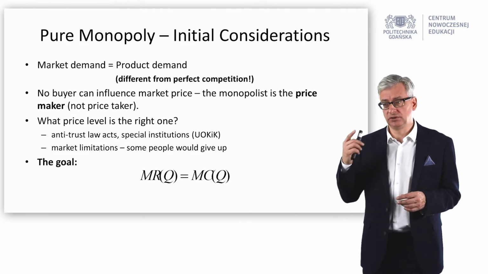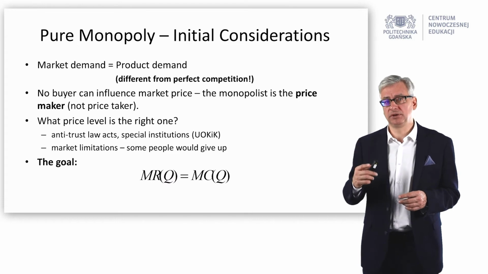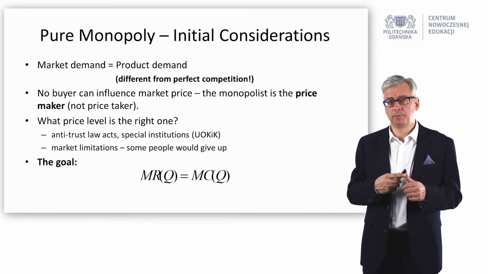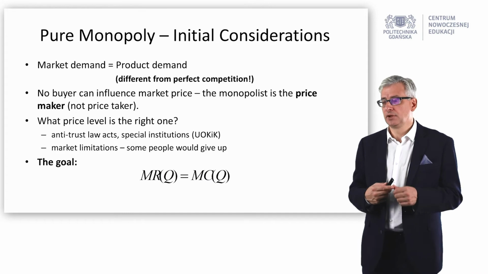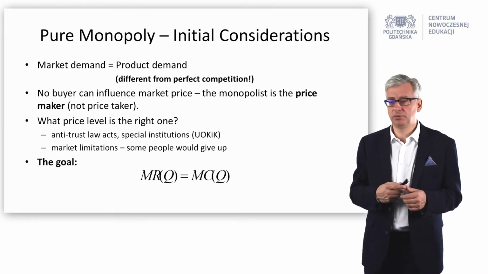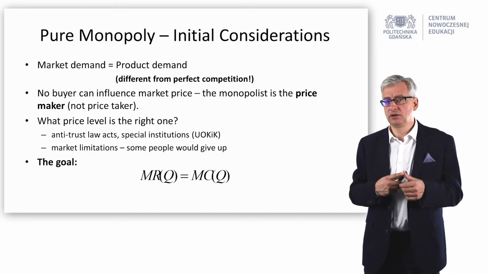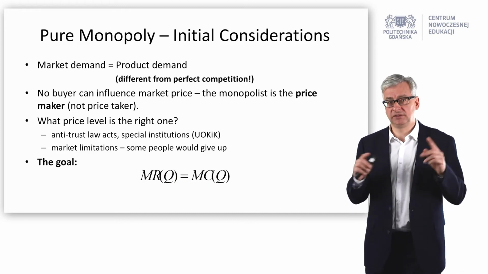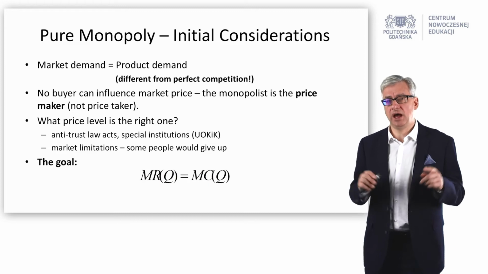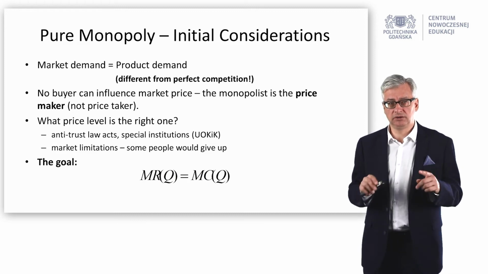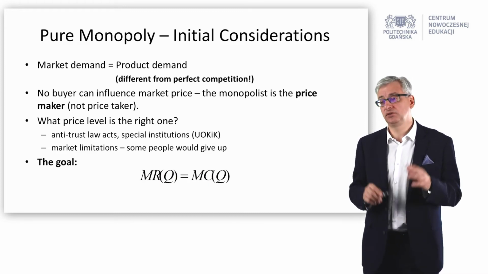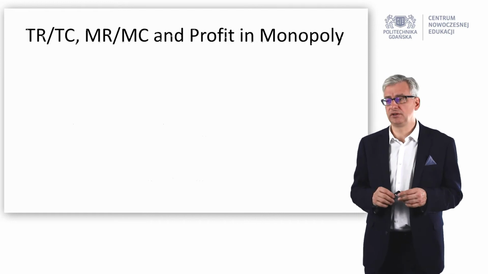Okay? So this is what we should remember here. In pure monopoly, the producer, the monopolist, is the price maker, so he creates the price, but some factors have to be taken into account when setting the price. So we are going to see what they are.